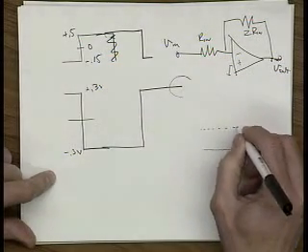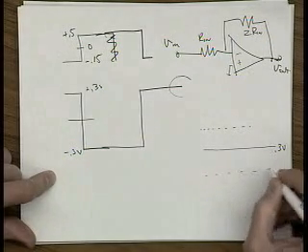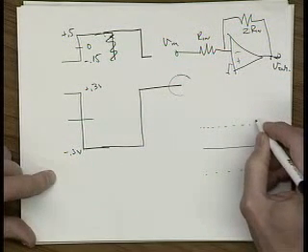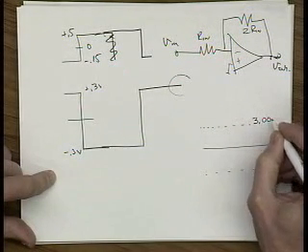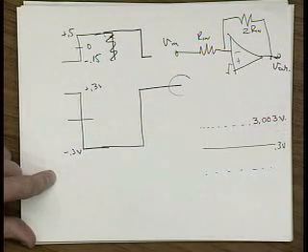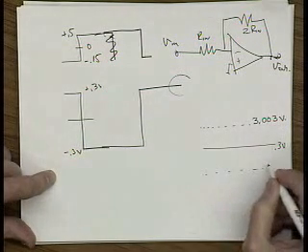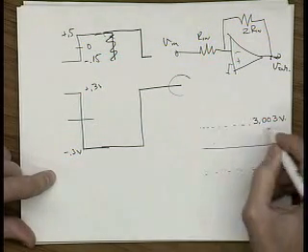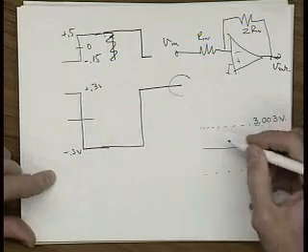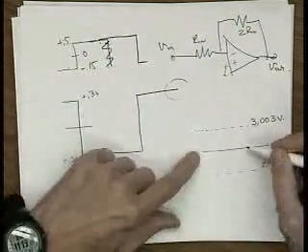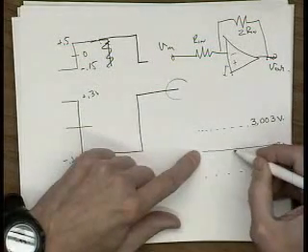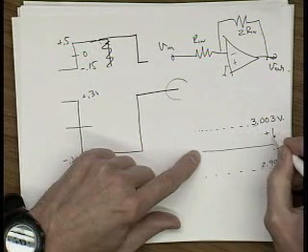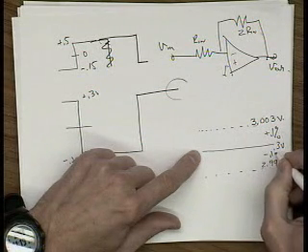So let me draw that in. 0.3 volts plus 0.1% would be 0.3003 volts, and this would be 0.2997 volts. These are the error bars, and we're saying your circuit is settled as long as it gets within this error bound around 0.3 volts, plus 0.1% and minus 0.1%.